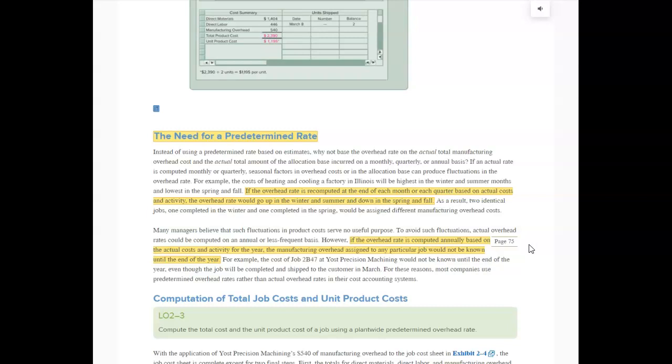In the summer, maybe a large cooling bill for air conditioning. But maybe in the springtime and the fall time, you're not going to have much in utilities. So if we try to apply the actual cost even per month, you're going to have the overhead rate being high in some months, low in other months, and it's just going to be too much to keep up with. So the best thing to do is estimate it for the whole year instead of having those peaks and those valleys when you're trying to estimate overhead depending on what time of the year it is.